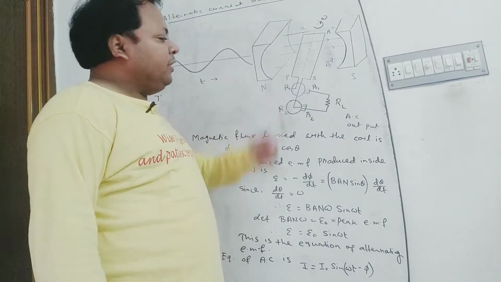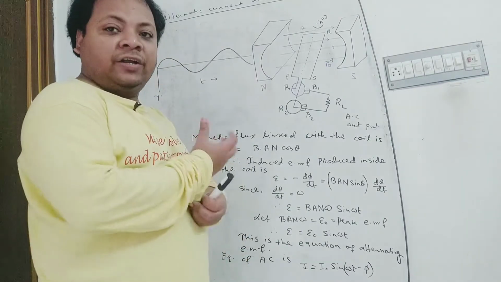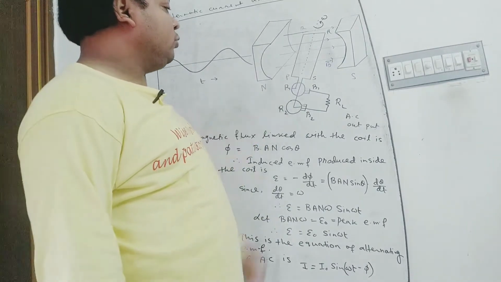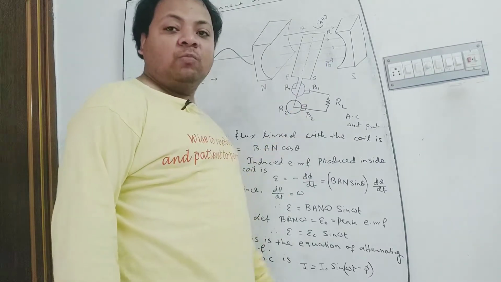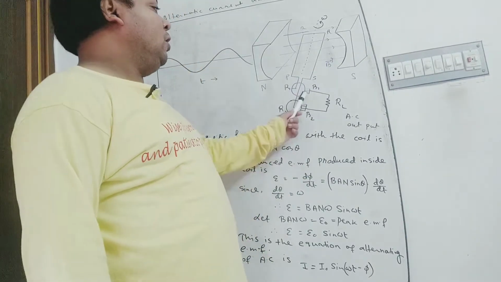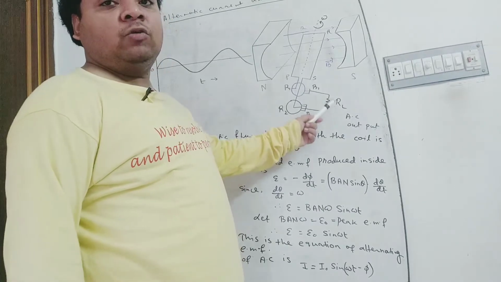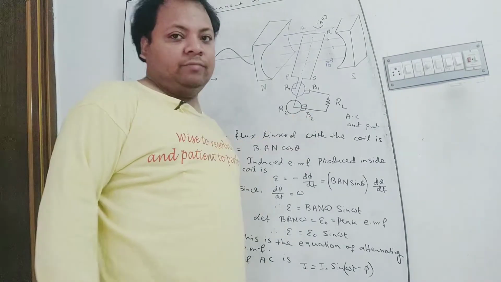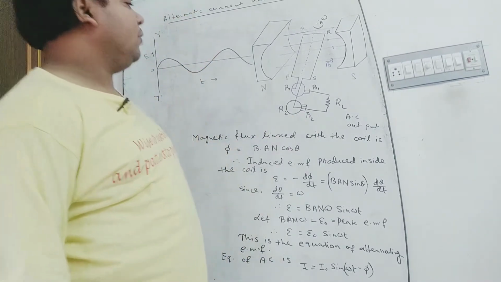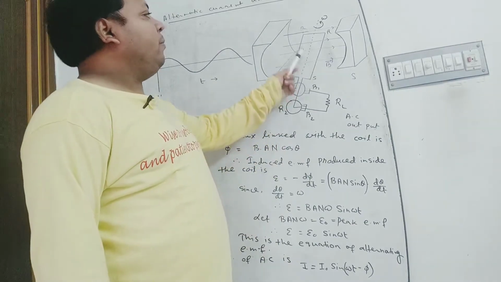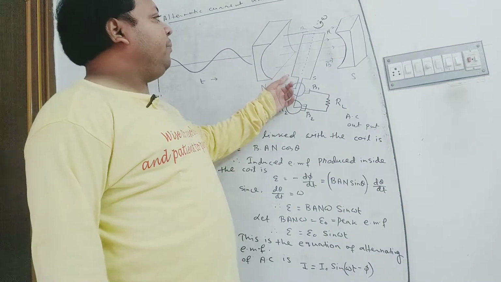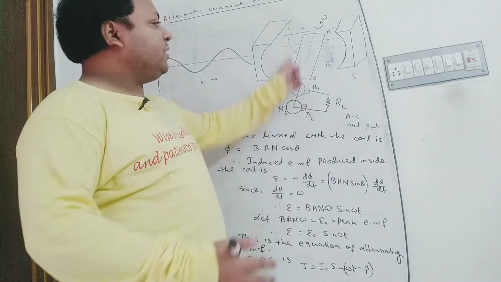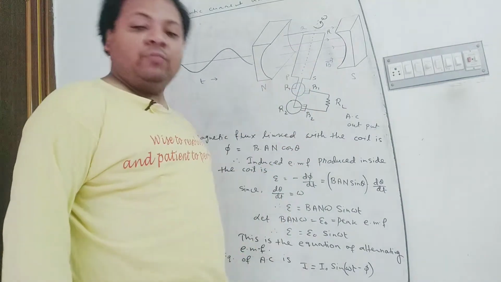Here R1 is our conducting ring and R2 is also a conducting ring. B1 and B2 are the carbon brushes. B1 and B2 are connected with the load resistance Rm. Here, by some mechanical energy, the armature PQRS rotates inside the magnetic field.